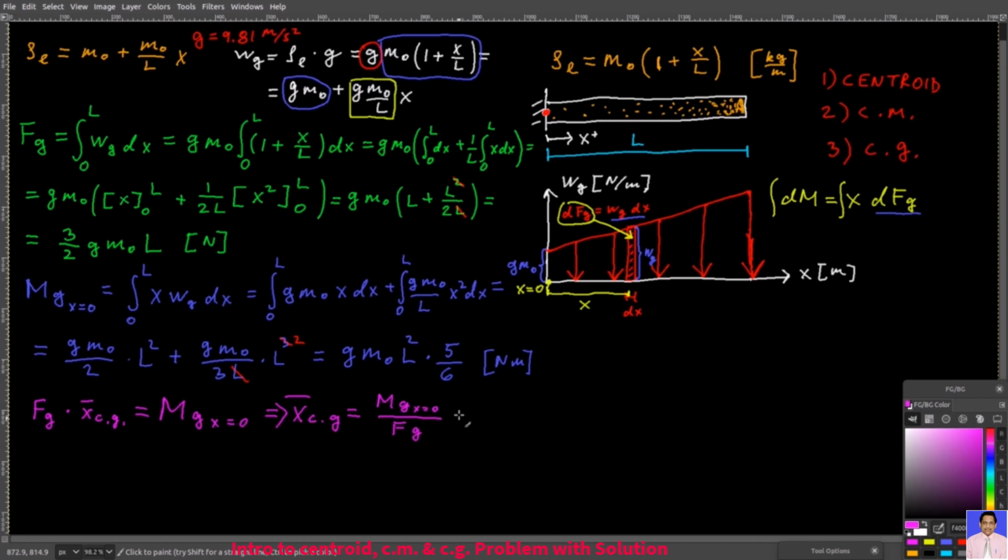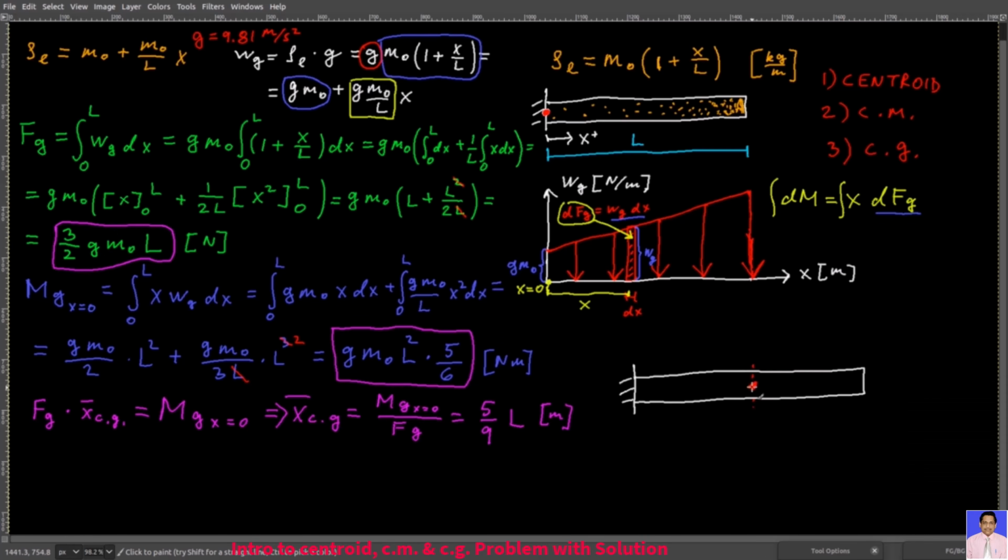Your center of gravity is calculated like this, and you're going to be left with 5/9 times L meters. You will get that if you take this guy and you divide it by this guy here. And now, this is your centroid. You have L/2 meters on one side, on another side.